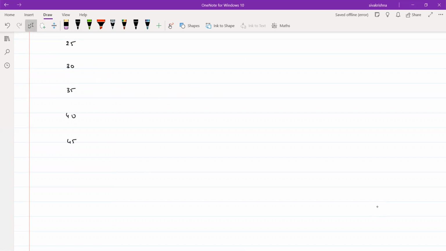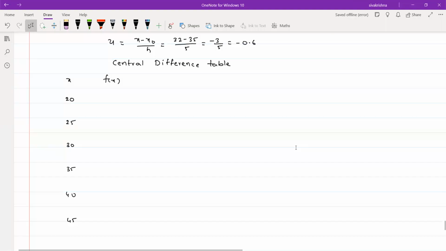The corresponding y values are 354, 332, 291, 260, 231 and 204.